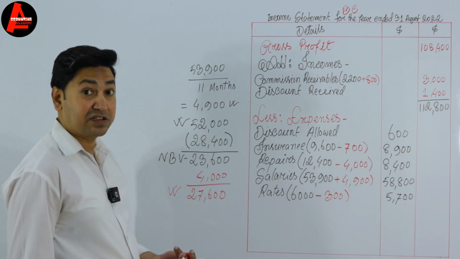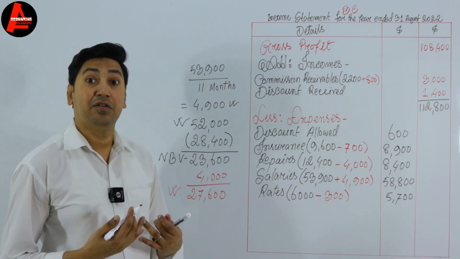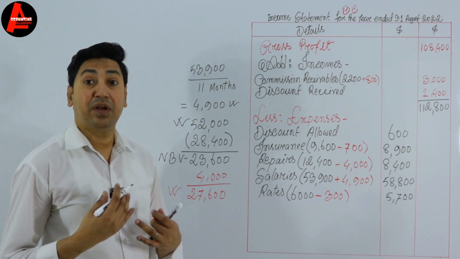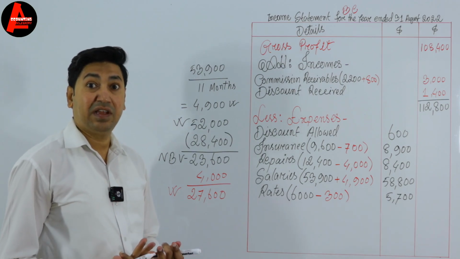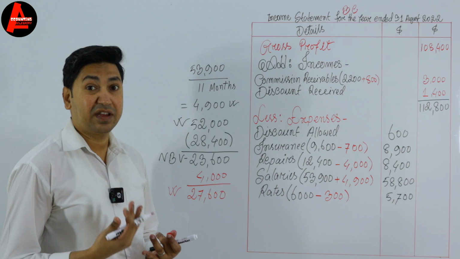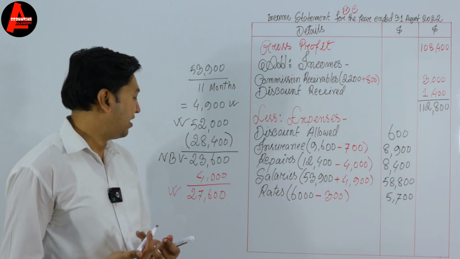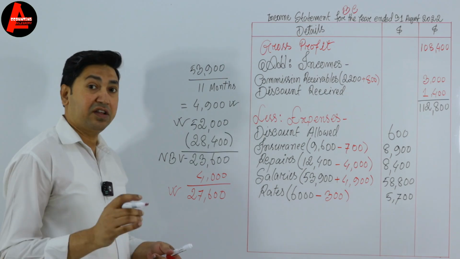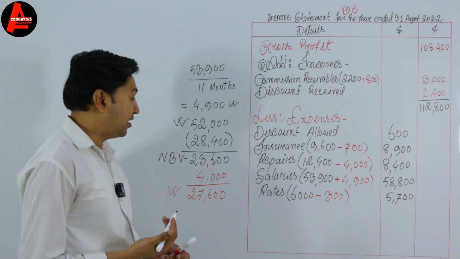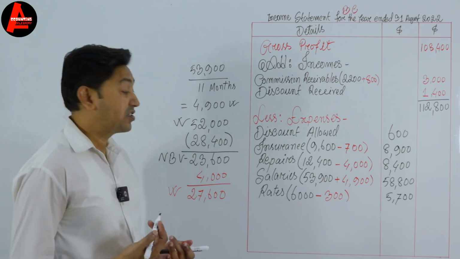These adjustments are often confused, but if you understand perfectly, you will be able to answer in your exam without making any mistake. So now in the adjustment, we had a rate of depreciation, it is 20%.